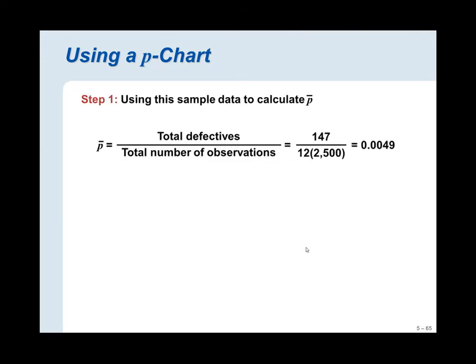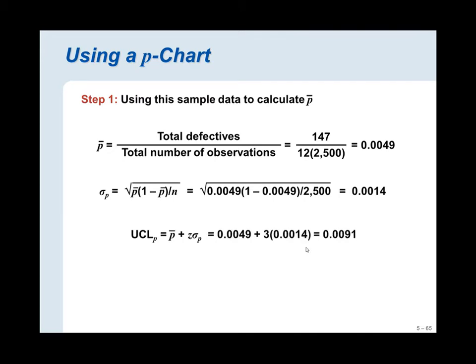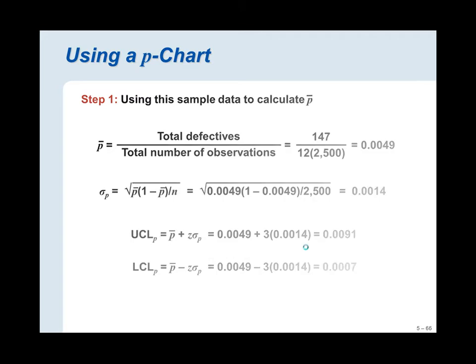So to find P bar, you take 147 divided by 12 samples times 2,500 each, and you get 0.0049. Then you proceed to find sigma P and substitute with the standard, which is 3 sigma. You're going to find upper and lower control limits.